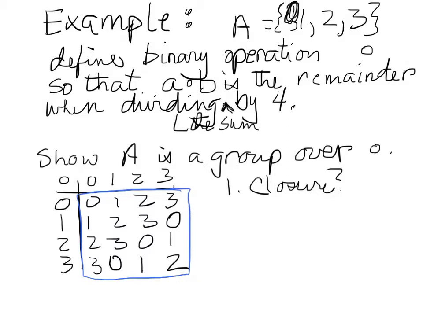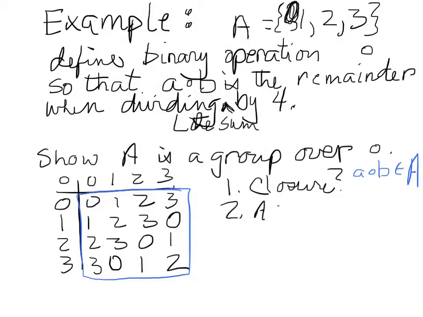So by closure, I can say, well, if I have A operated on B, that's going to be an element of set A. And I can see that no matter what A or B is, whether it's 0, 1, 2, or 3, it's always going to be an element of set A. So therefore, I have closure. So let's go to number 2.